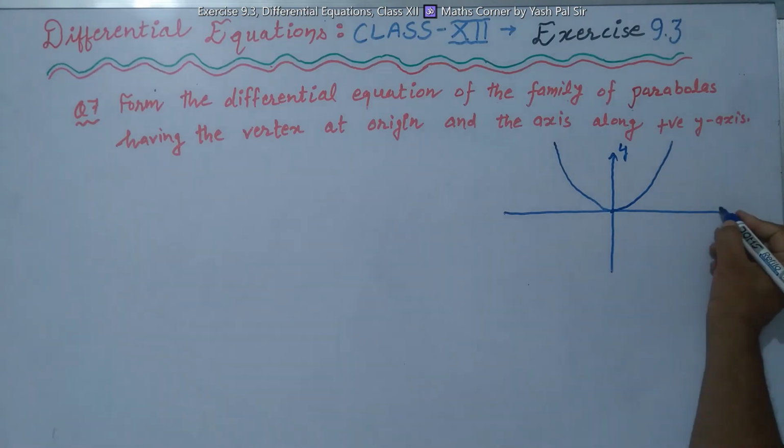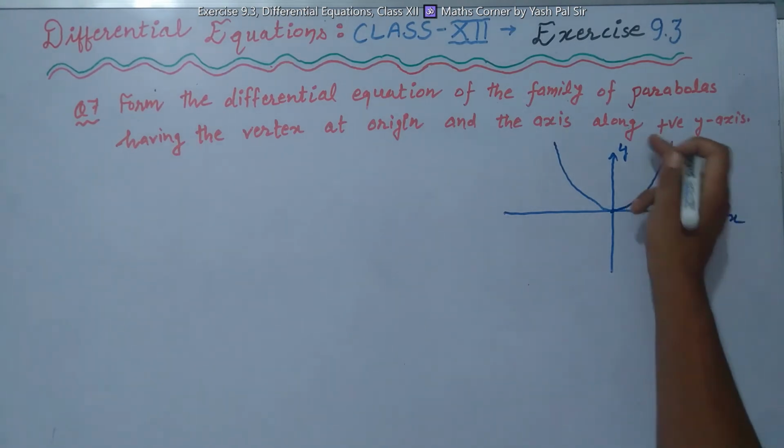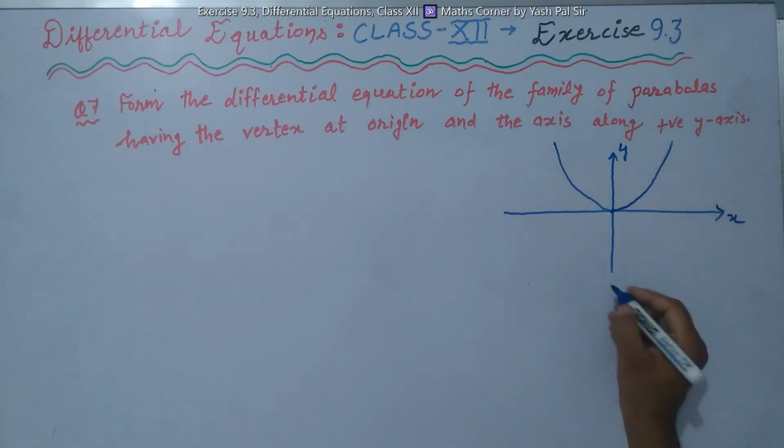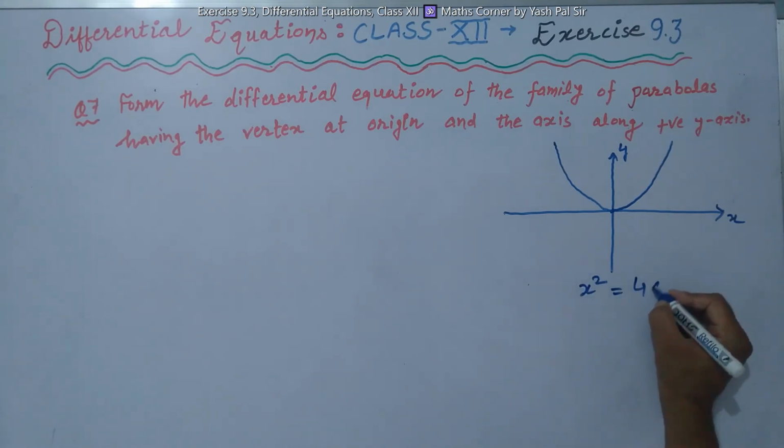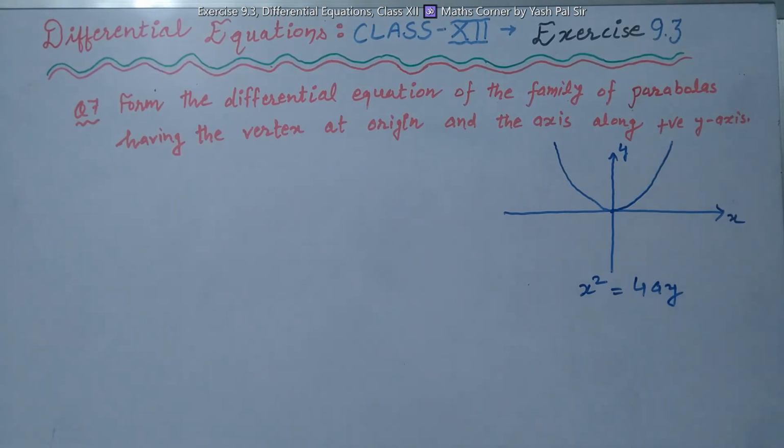Now we know the shape of this parabola. The equation will be of the form x square is equal to 4ay, right?